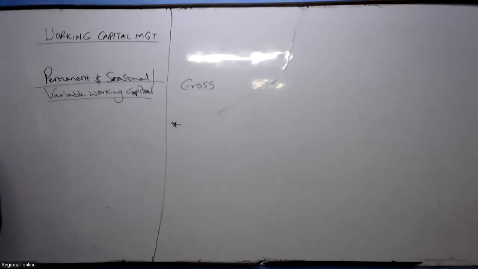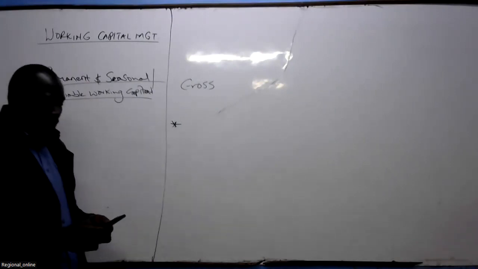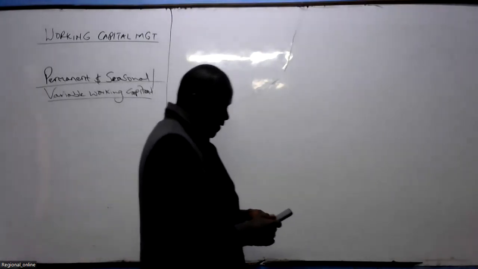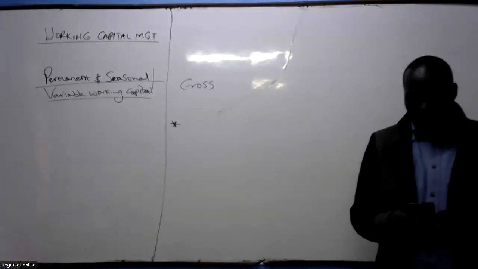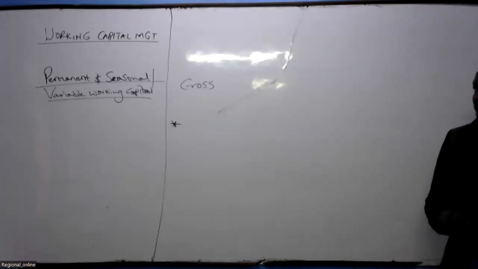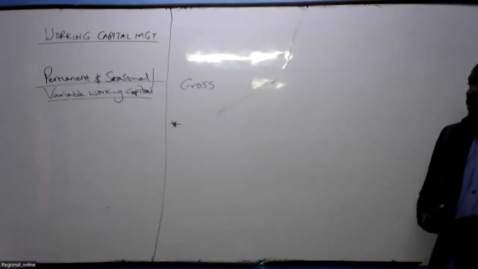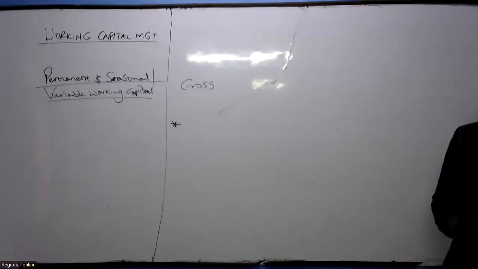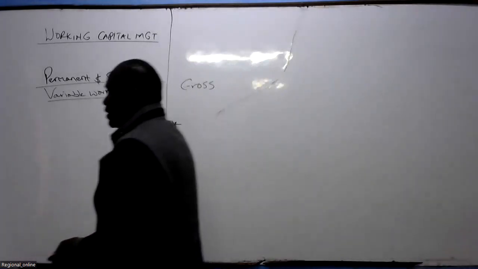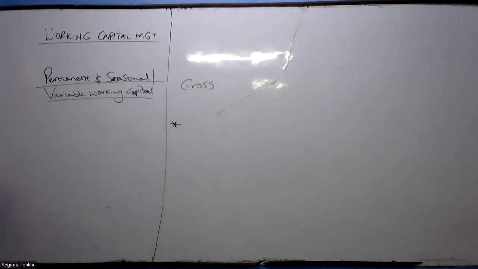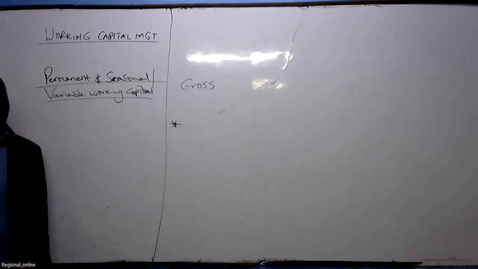And it is known as fluctuating, or seasonal, or variable working capital.